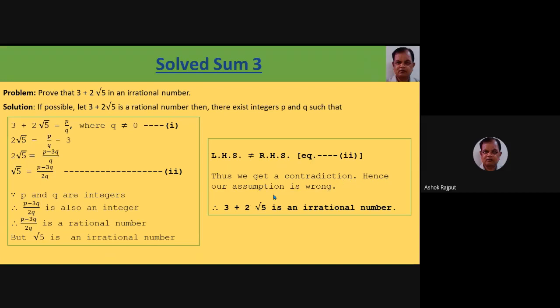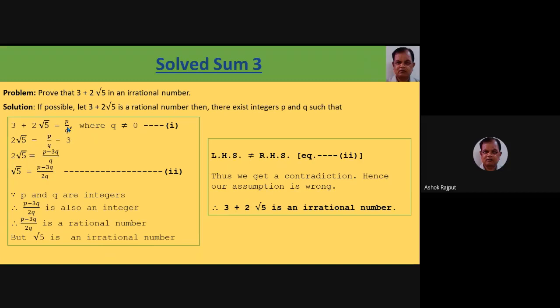Hence, our assumption is wrong. As we have assumed it is in the p by q form, so it is wrong. It means this number is not a rational number. Therefore, 3 plus 2 root 5 is an irrational number. It is very simple. We can use these steps in such types of questions.